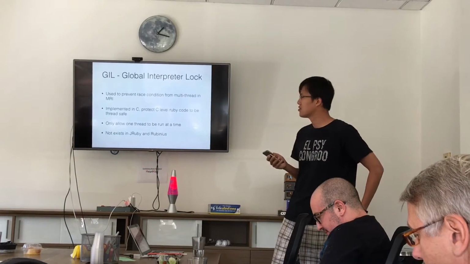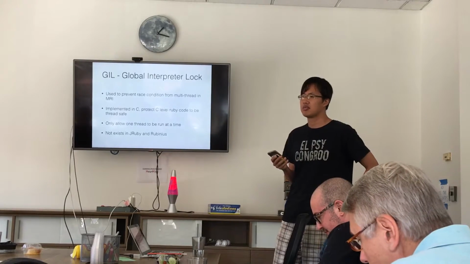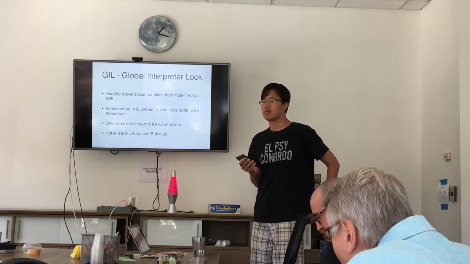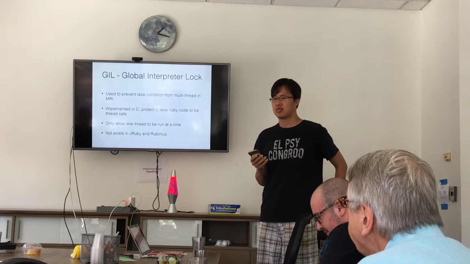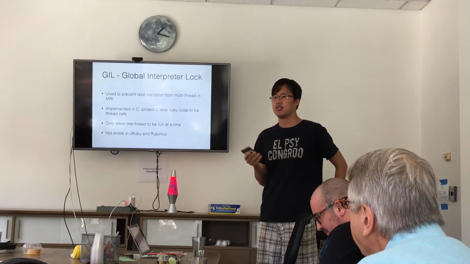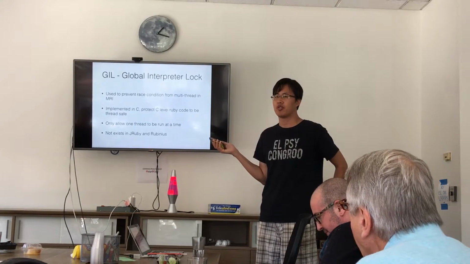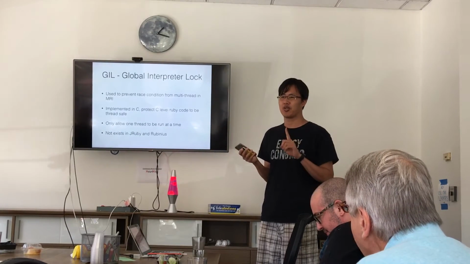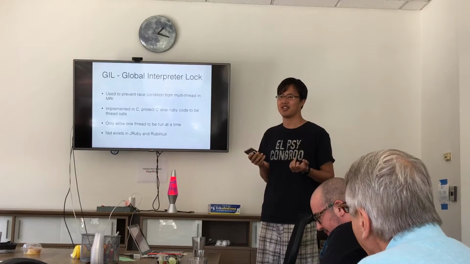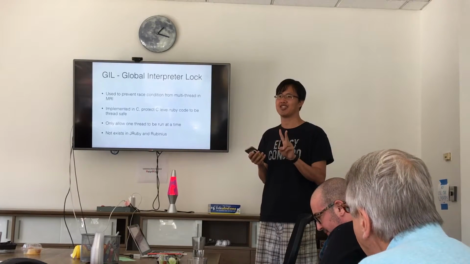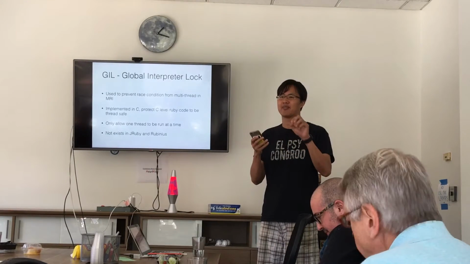Even if you have multiple cores, only one core will run the one thread in a Ruby process at the same time. So if we have 2 threads in one process, the CPU will never pick them up together.